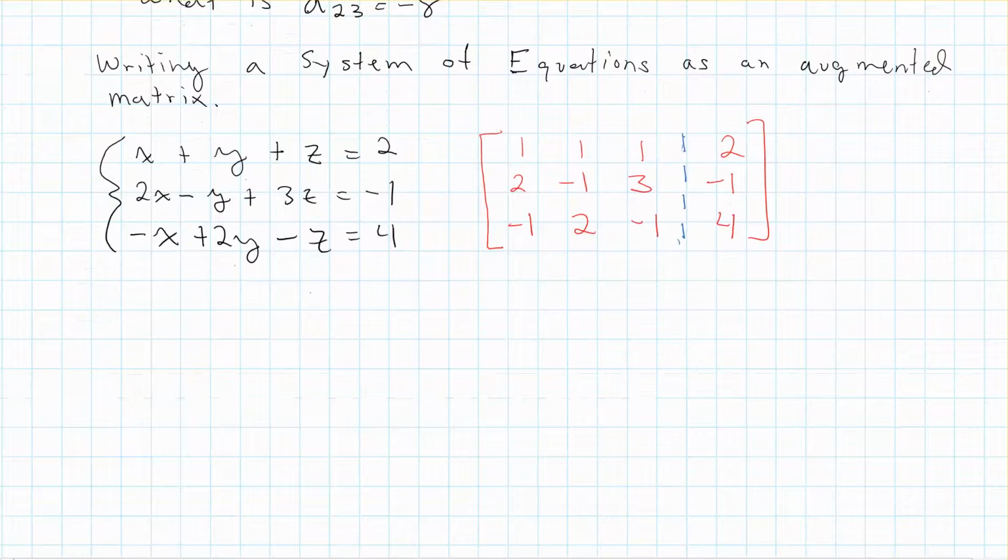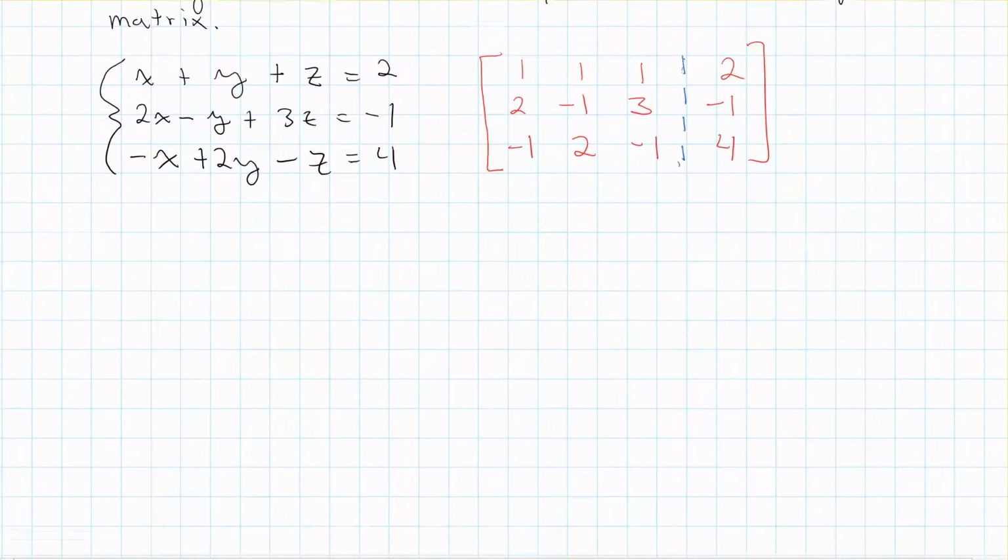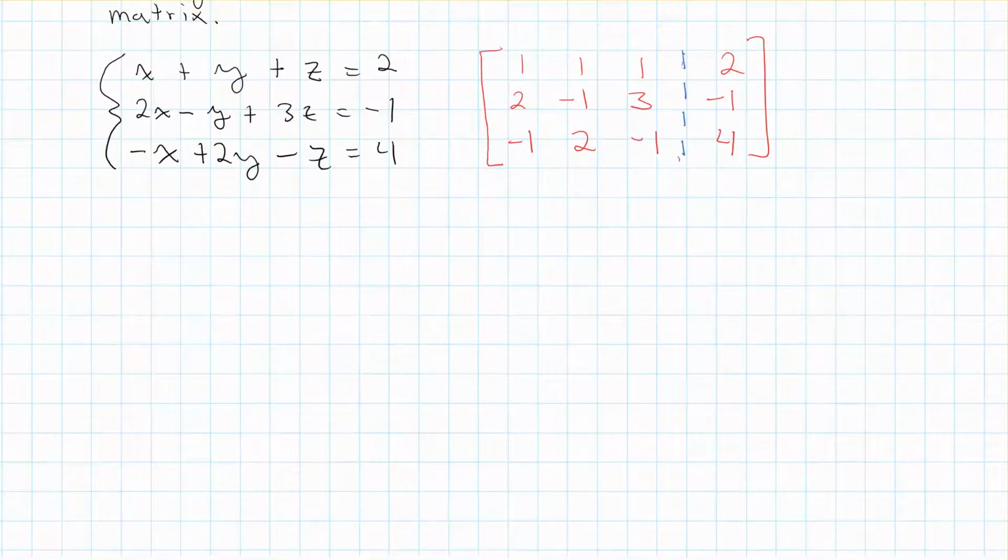Now, how do we solve this? It's actually going to be almost identical to what we did in the previous section, and I would say it is identical to what we did in the previous video. We're going to do row operations, and we're going to put this in row echelon form. But now we're going to be a little more specific about what we mean by row echelon form, because technically we weren't putting those equations into row echelon form before.